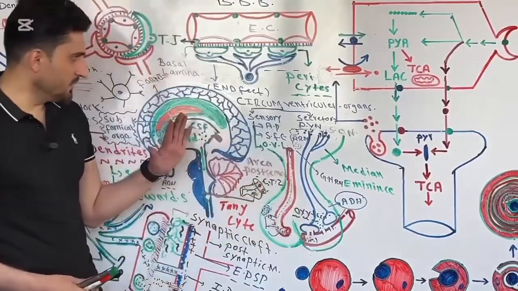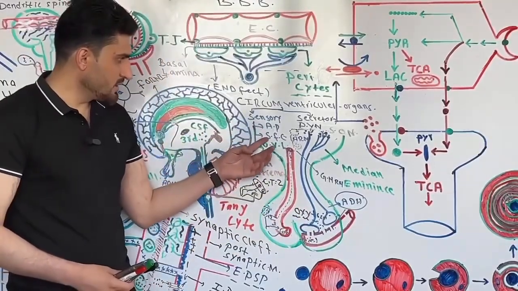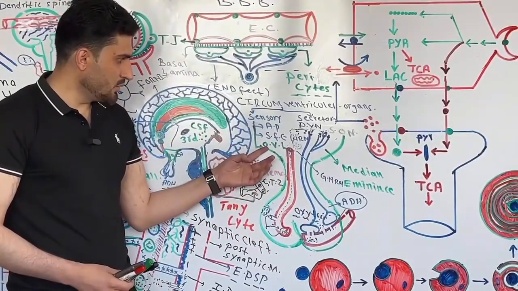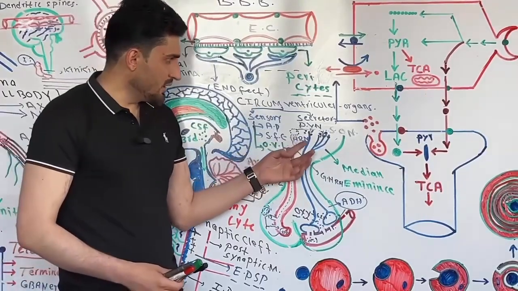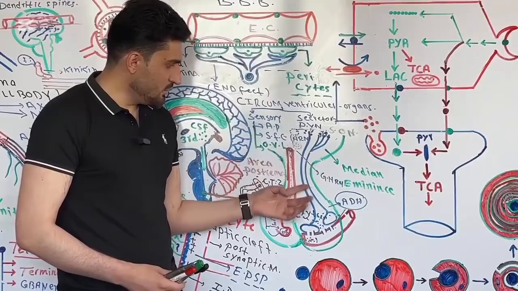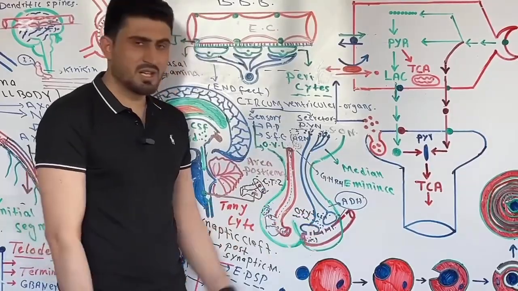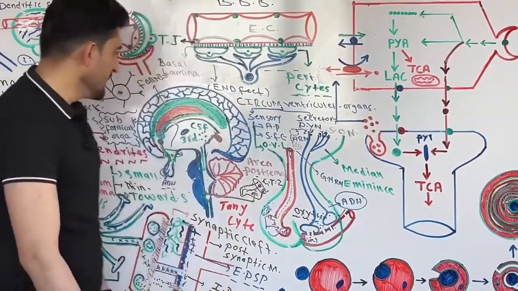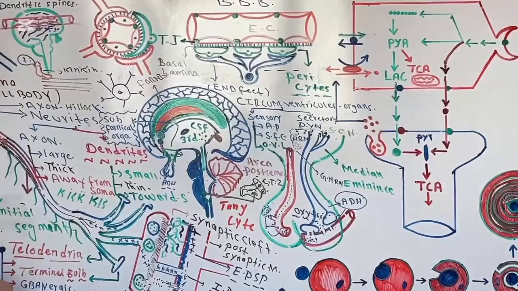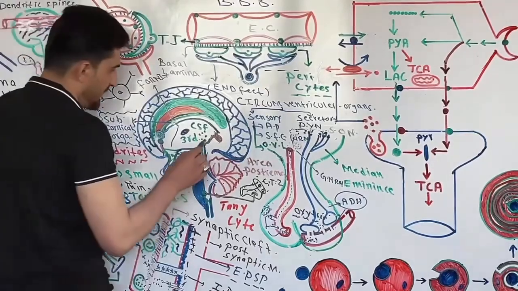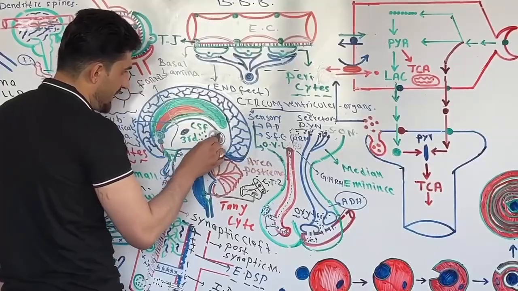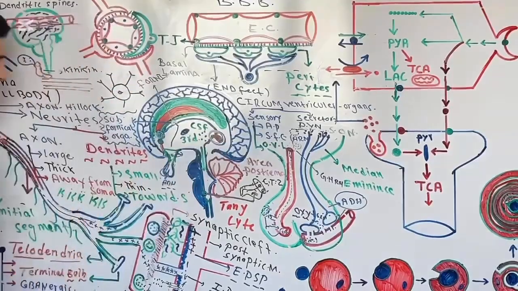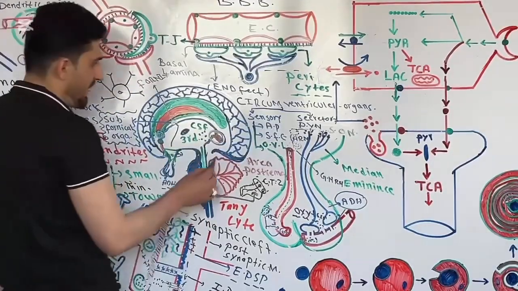We studied the area postrema, the subfornical organ, the organum vasculosum of the lamina terminalis, then the median eminence, and then the posterior pituitary gland. Let me talk a little bit about another area in our brain, at the back of the third ventricle, called the pineal gland.